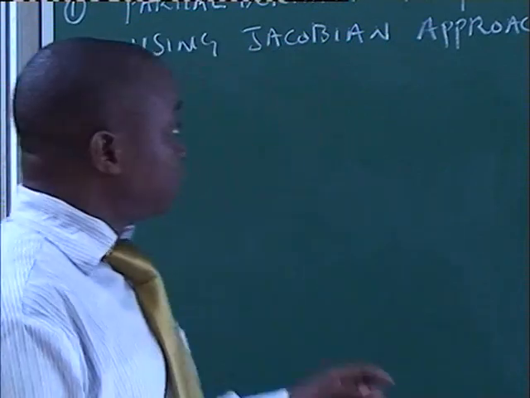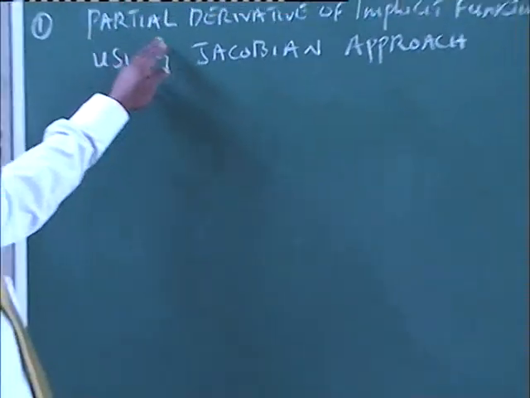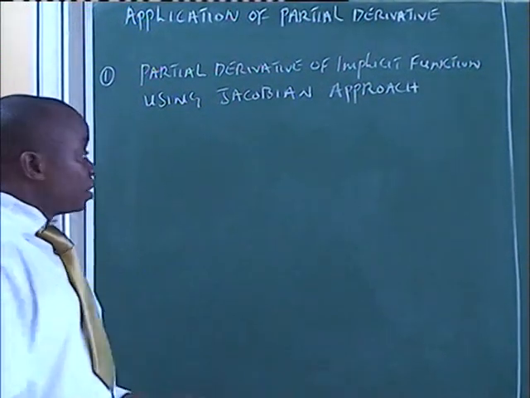Now, the first application we look at is application to partial derivative of implicit function using Jacobian approach. Okay.